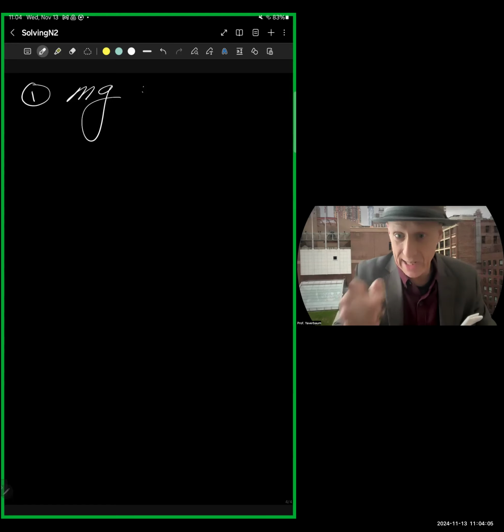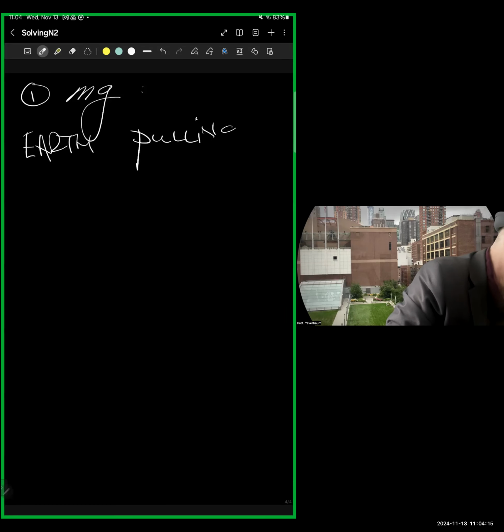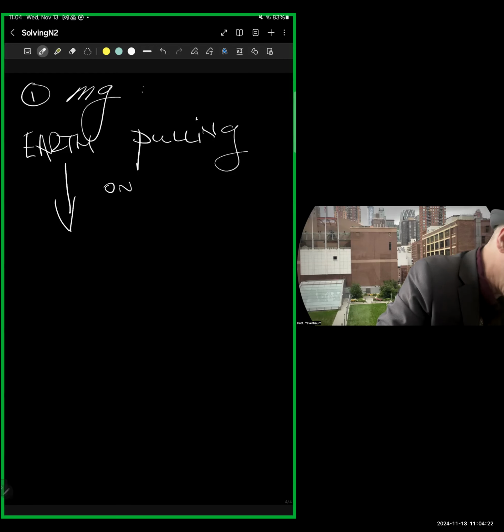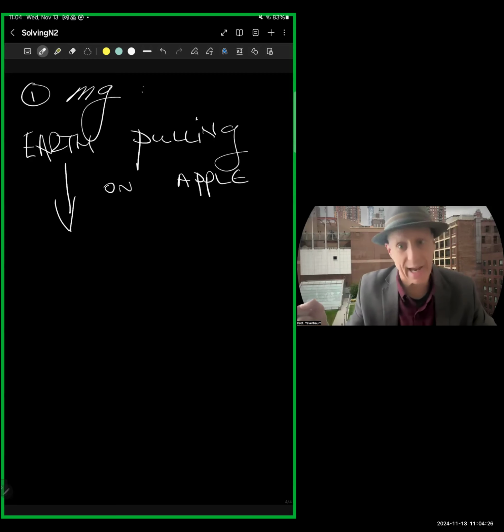Well, the action that it's telling us is that the Earth is pulling down on the apple, right? That's what gravity means. The Earth is pulling down on the apple. It's an interaction between two objects, right?